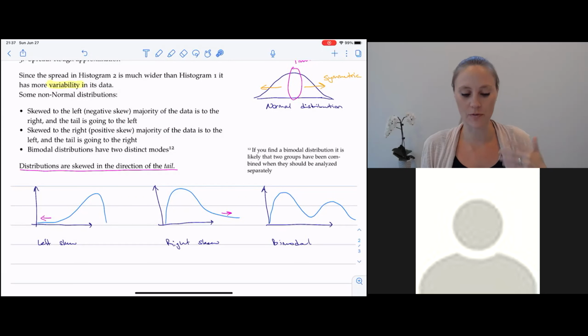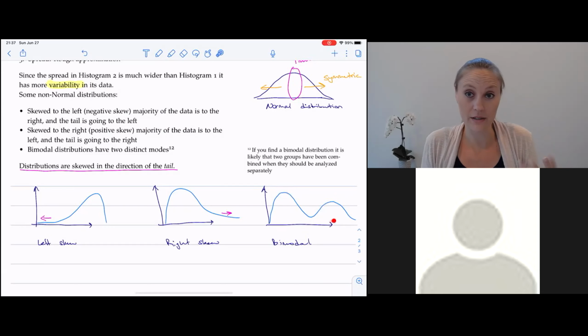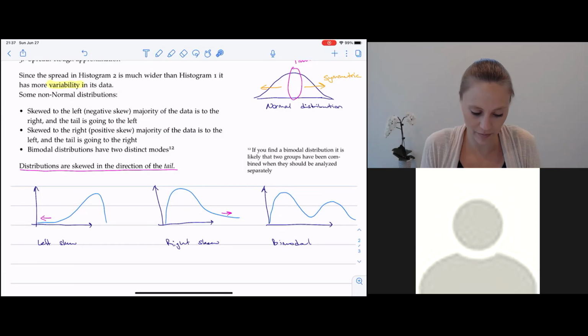So if you find a bimodal distribution, you might want to hold off and look at whether you have different groups here. Maybe these are the same information but from different years, so maybe you should analyze those separately. There's information in there too that might be interesting, but something to consider.